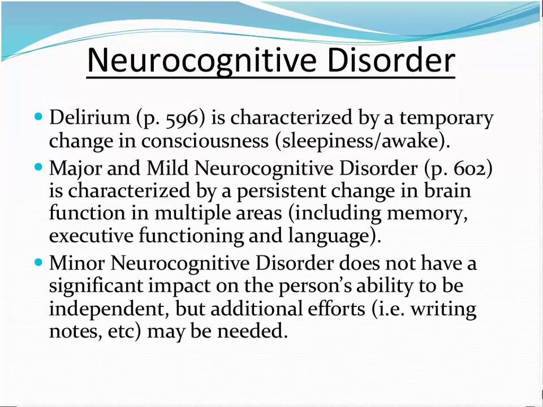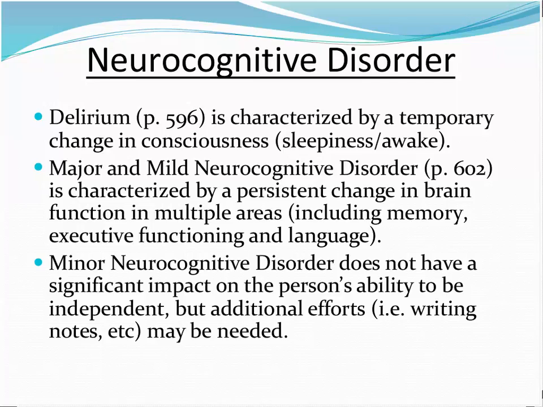Dementia and associated disorders have been combined under the name of major and minor neurocognitive disorder. Specifiers will be used to differentiate between specific causes of the disorder. So if it is specifically Alzheimer's disease, that would be listed as a specifier, but the primary diagnosis would be major or mild neurocognitive disorder. And how we separate the major and mild neurocognitive disorder is the functioning impairment.